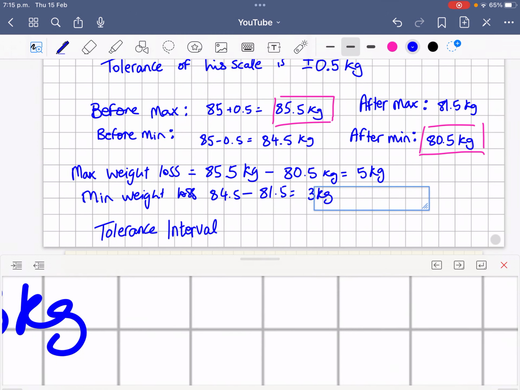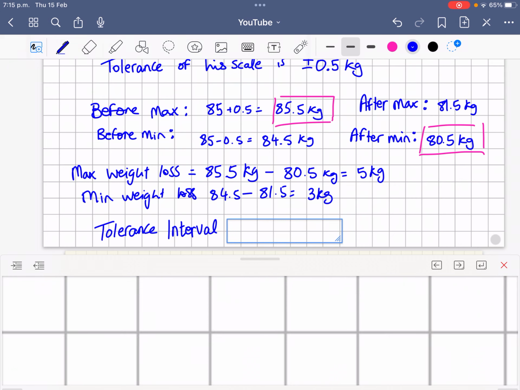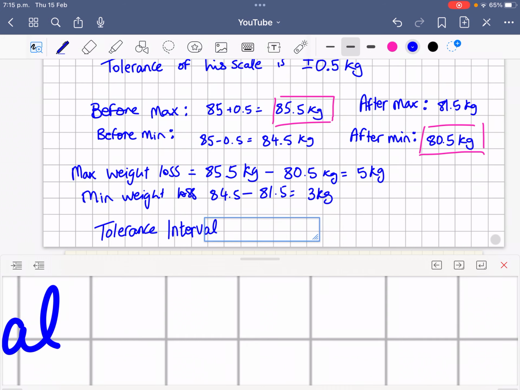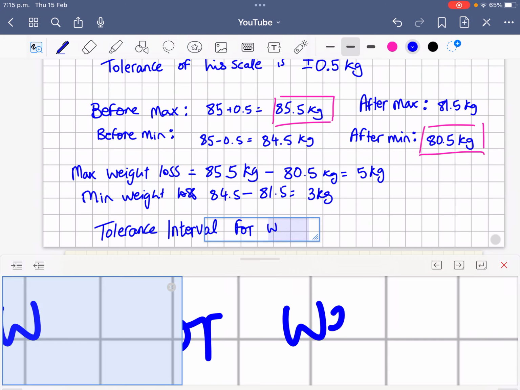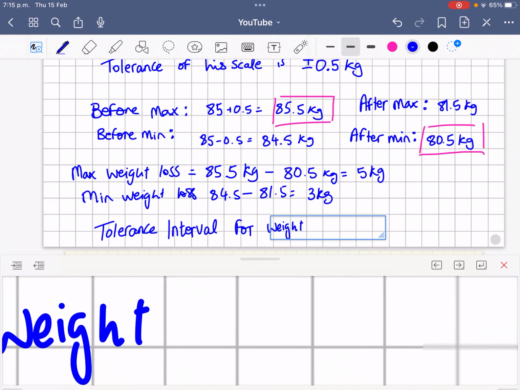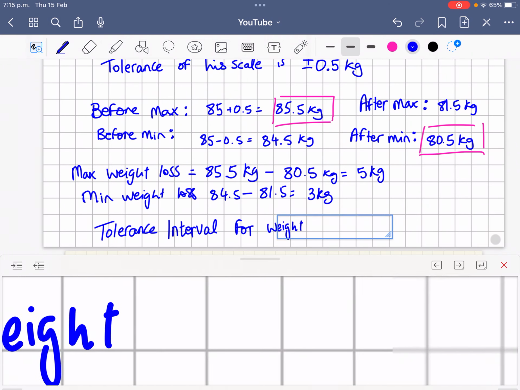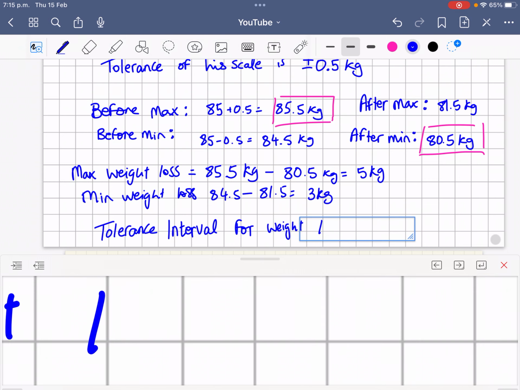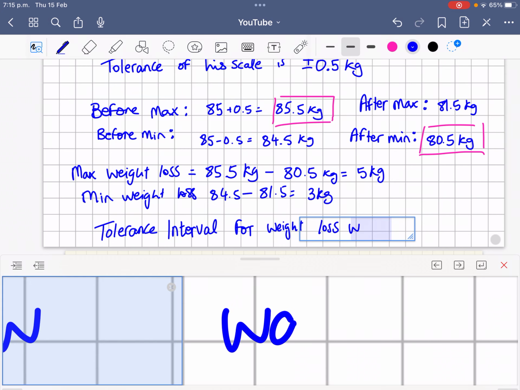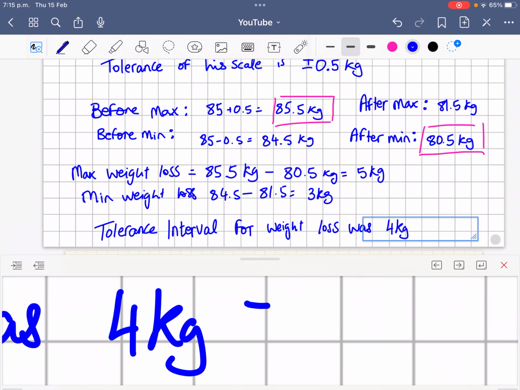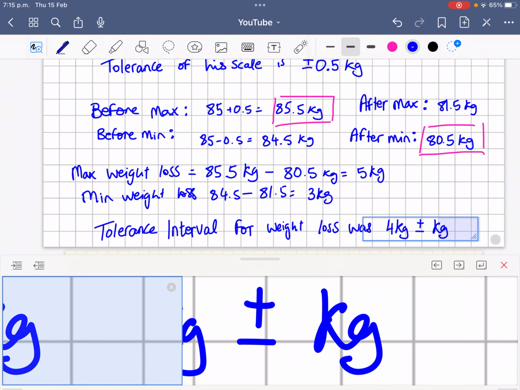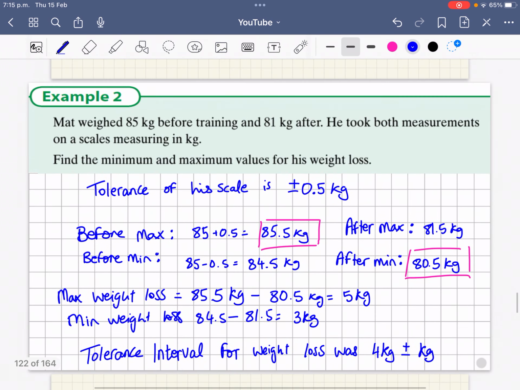So what you could have said then was, well, the tolerance, we could say his weight loss, we'll say it was 4 kg, and we could have added or taken away 1. I know the question doesn't actually ask for tolerance interval, but it is important to note. Tolerance interval for weight loss, we'll say that was 4 kg plus or minus 1 kg from our calculations. And that's that question finished.